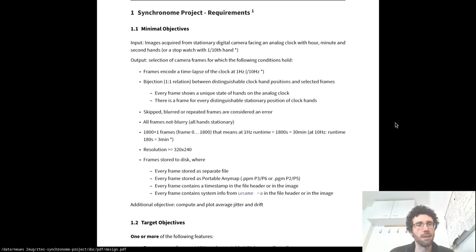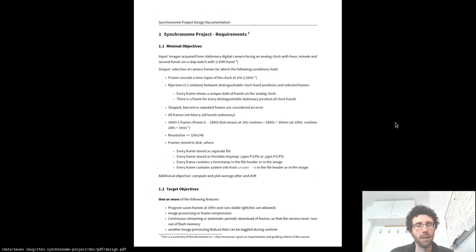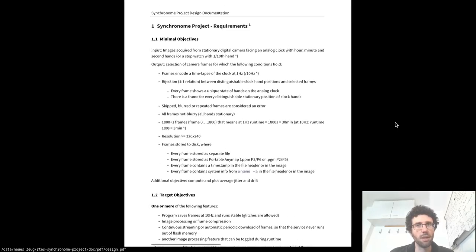The system is required to record images through a camera that's pointed at a ticking clock. And there should be exactly one frame recorded for every stationary unique position of the hands of the external clock.